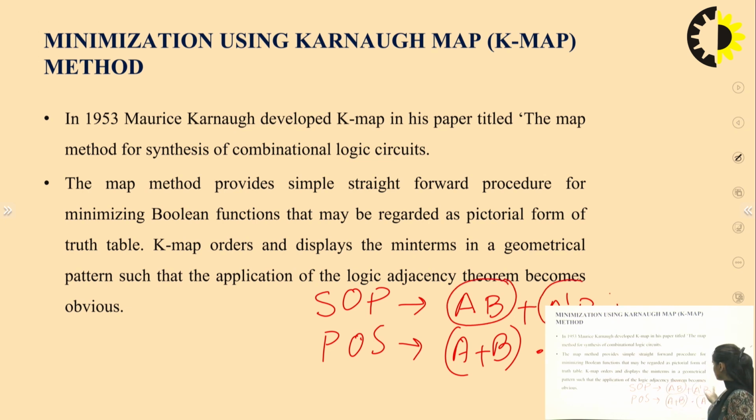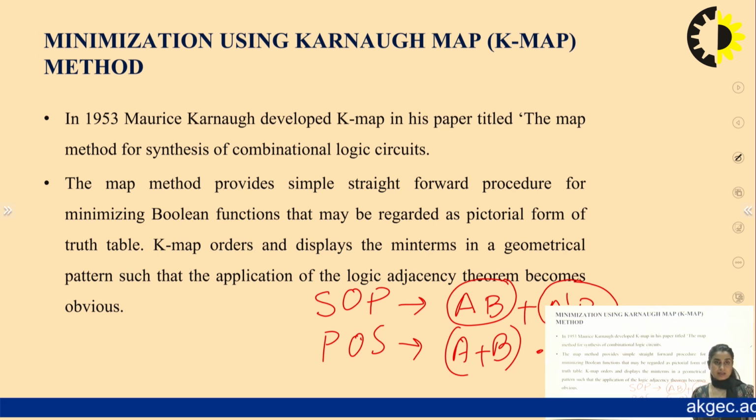Here it is a two variable expression, and if every term has both the variables and it is in SOP form, these are termed as minterms, like AB and A dash B. These are minterms. And if we represent it in terms of POS and every term has all the variables in it, then these are called maxterms.